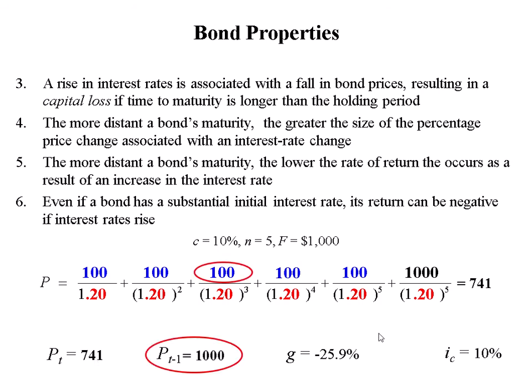The current yield is 10%, and the return would be negative 15.9%. So the increase in interest rates from 10% to 20% pushes the price that we paid initially from $1,000 down to $741, resulting in a return on this bond of negative 15.9%, because the gain is much more negative than the current yield.